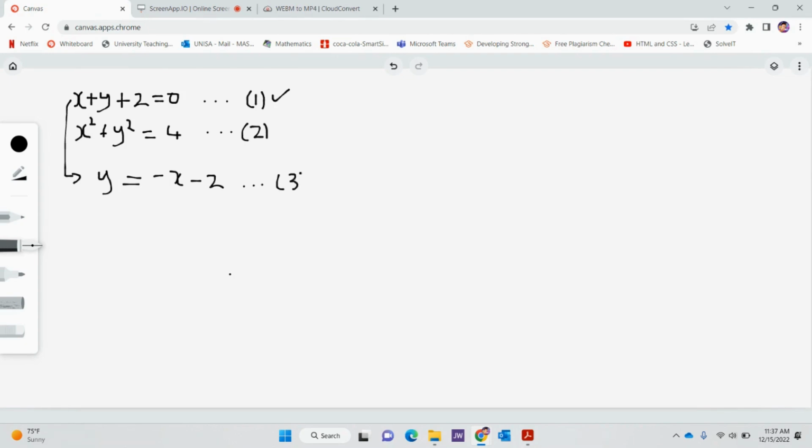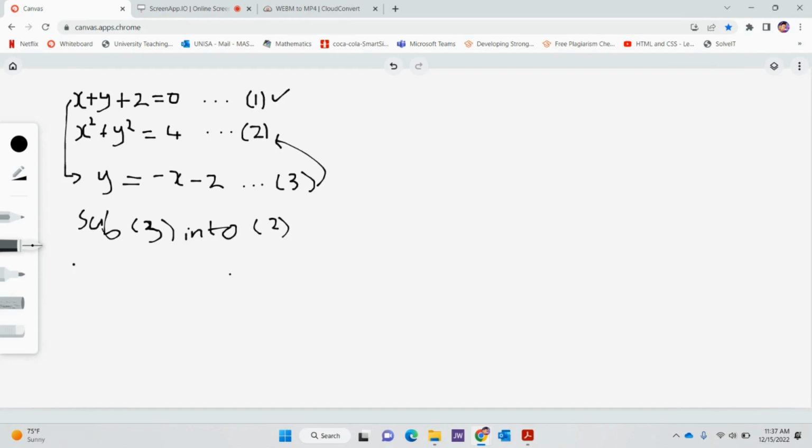Remember, we have to substitute equation 3 into equation 2, not into equation 1, because we took it from equation 1. So they are the same thing. So now we are substituting equation 3 into equation 2. All right.